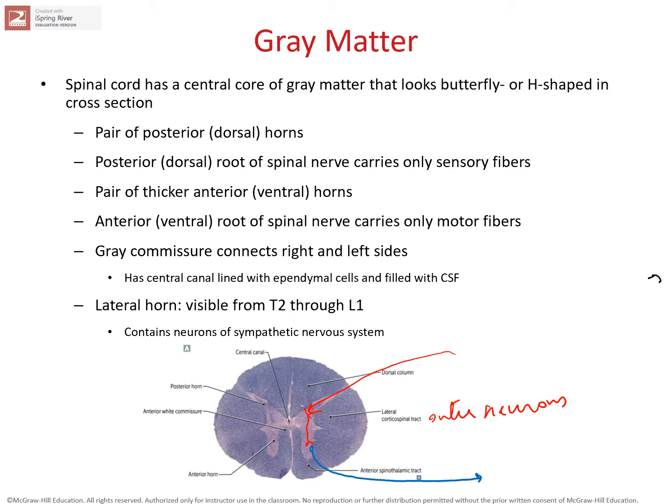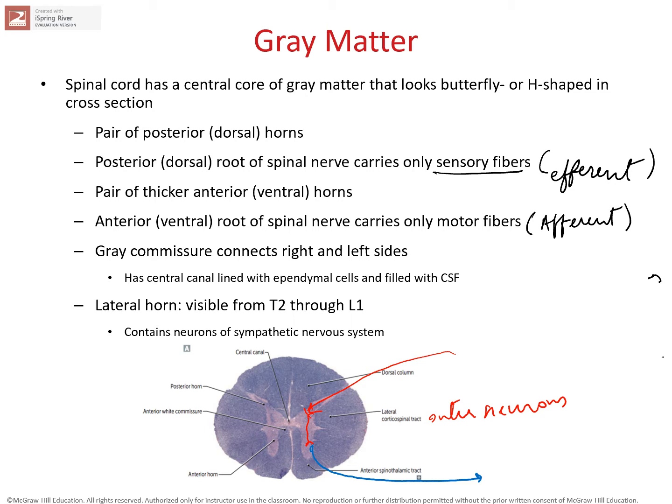Now the dorsal root contains sensory nerves only, and the sensory nerve fibers are efferent neurons, meaning they carry the message from different body parts to the central nervous system. Okay, and the motor fibers are afferent neurons. Afferent neurons carry message or commands away from the brain towards the effectors.